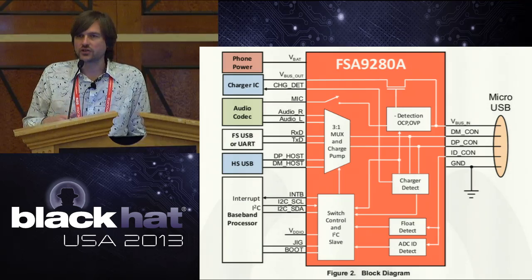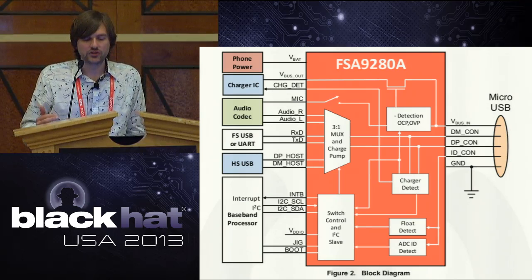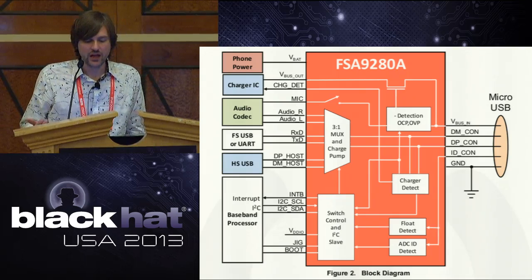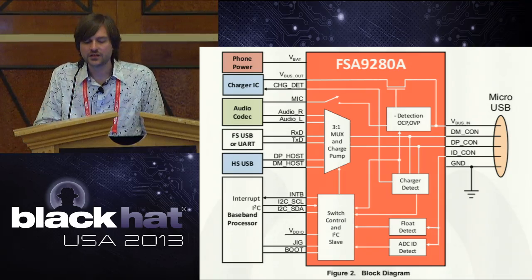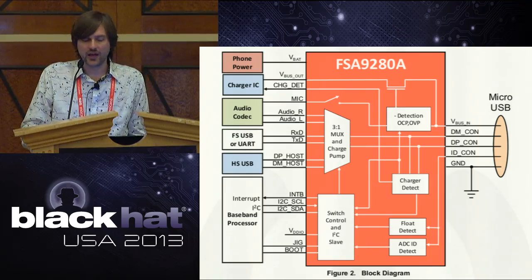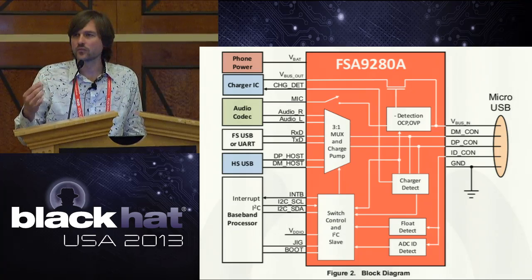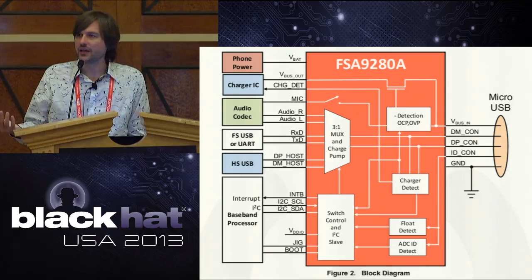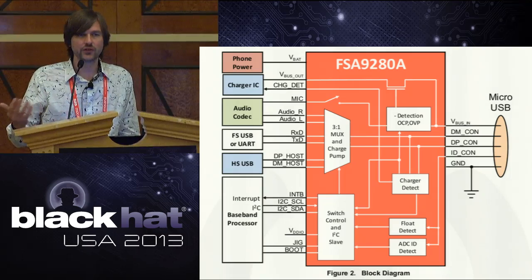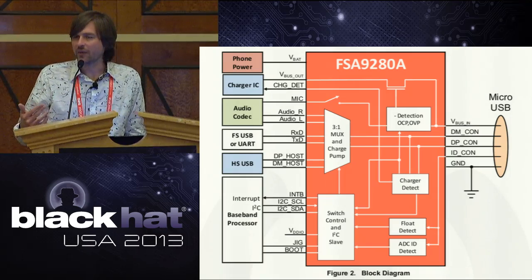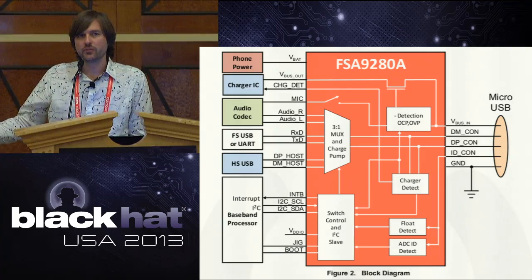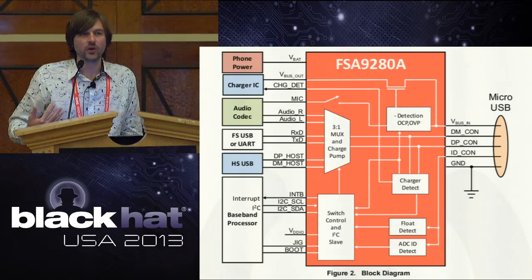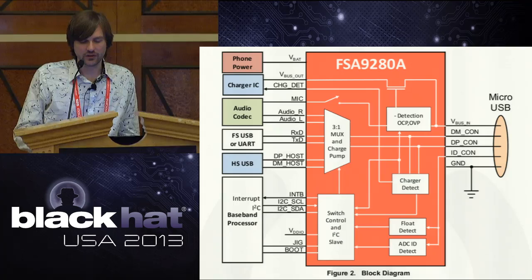It can switch to an audio codec. It can switch to a UART with receive and transmit pins. And it also has control and an interface to talk to a baseband processor or some kind of a microcontroller that controls this chip and also interrogates this chip to find out what devices it thinks are connected at a particular time.